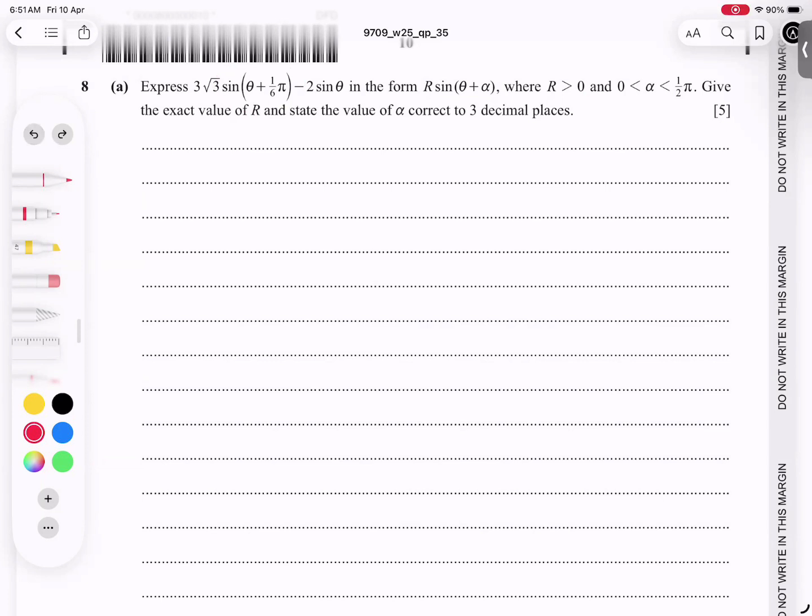So step number 1, what I'm going to do: 3 root 3, and in the bracket I'm writing the fundamental law of sine. What is the sine formula? Let me repeat quickly. A plus B, what is the formula?